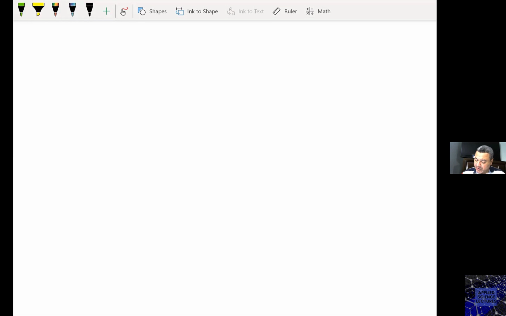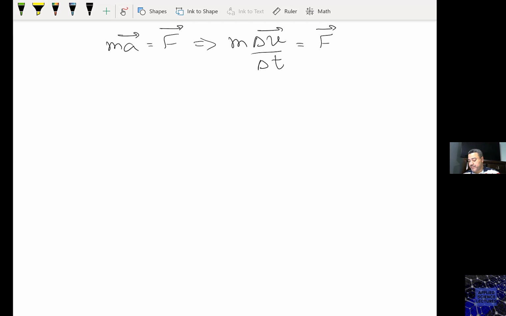From Newton's second law, we know that ma equals F. And the acceleration a is indeed delta V divided by delta T, and this equals F as well.